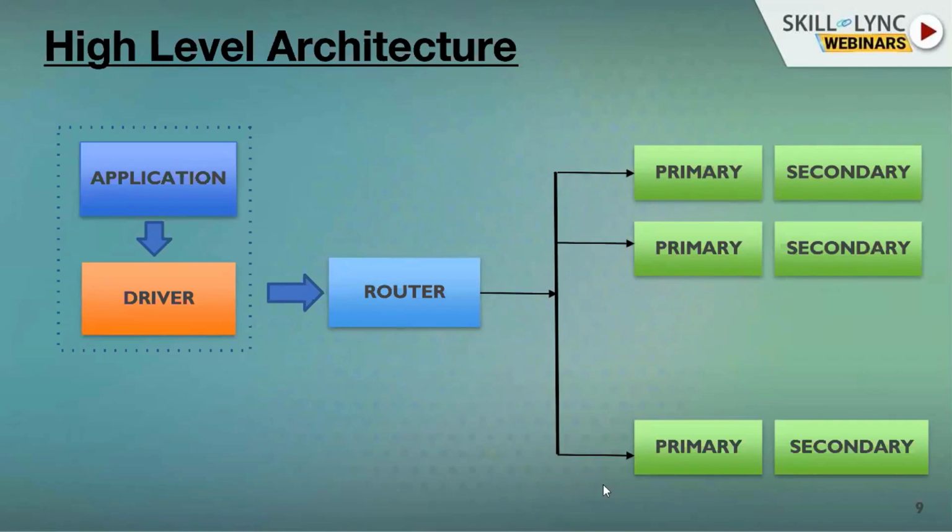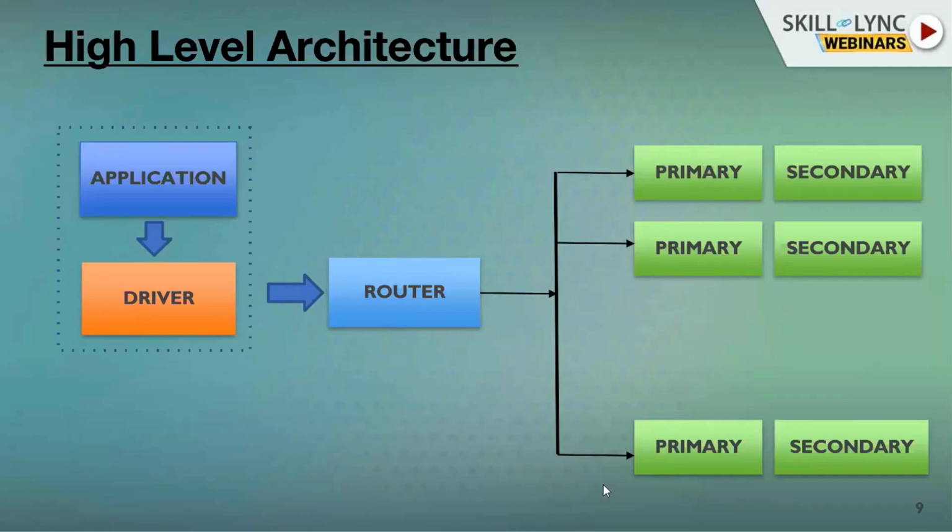To connect to the backend, this application needs a driver, which is the Mongo component that actually connects with the application. And then there comes this router. Router is like a middleman who bridges the flow from the front end to the data store itself.